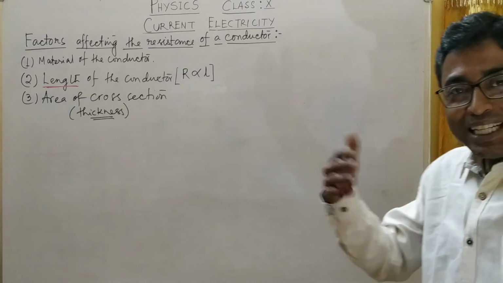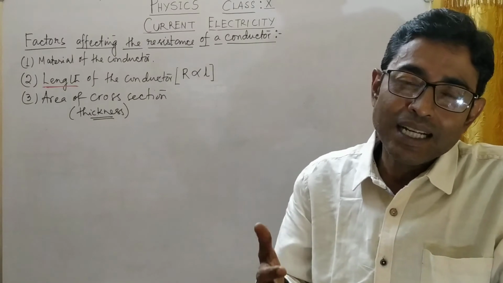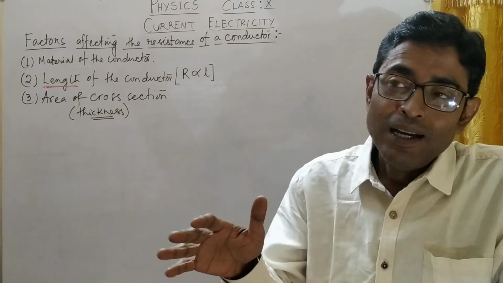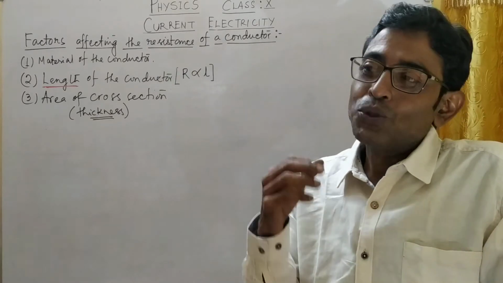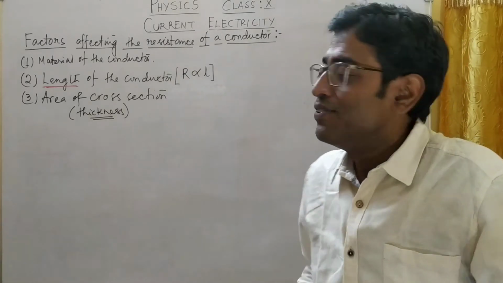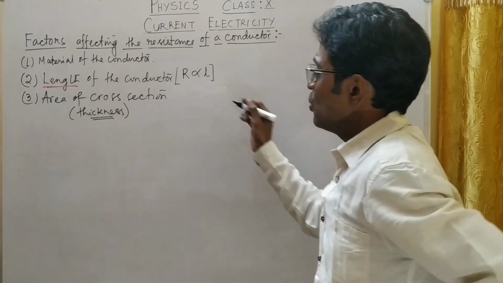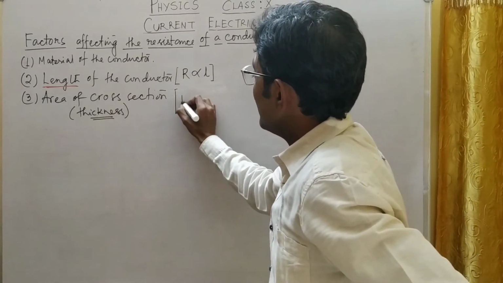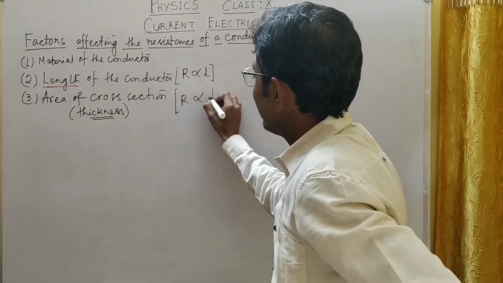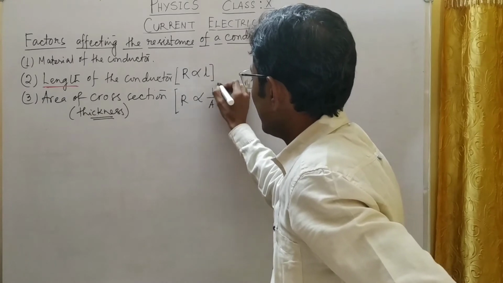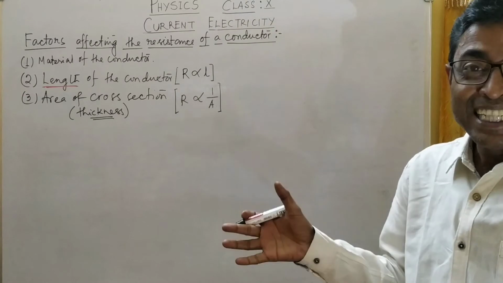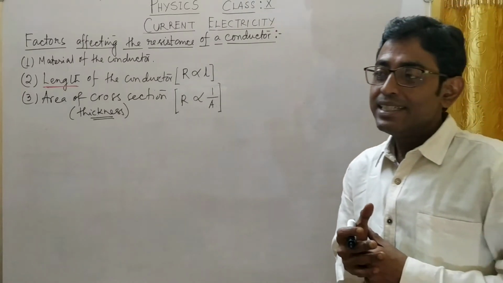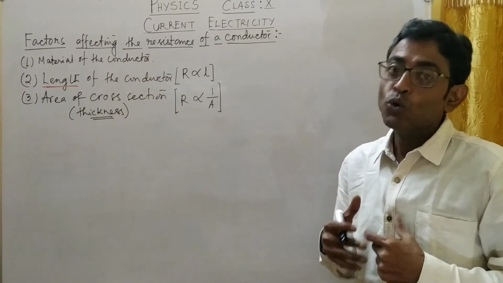So the more the area of cross section, the more easily the electrons can flow, and the less the cross section, the thinner the wire, the electrons will face more resistance. So remember, resistance is inversely proportional to area of cross section. The more the area, meaning the more the thickness of the wire, the less the resistance. The less the thickness of the wire, the more the resistance.